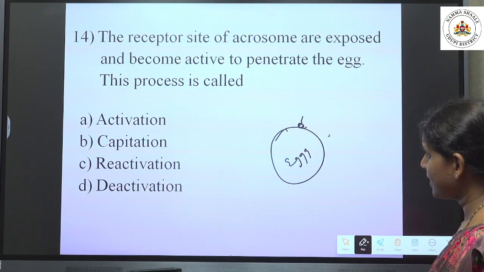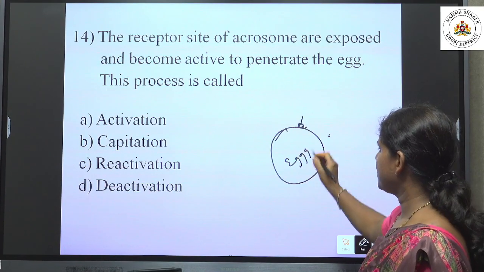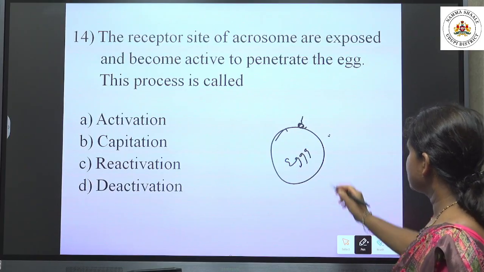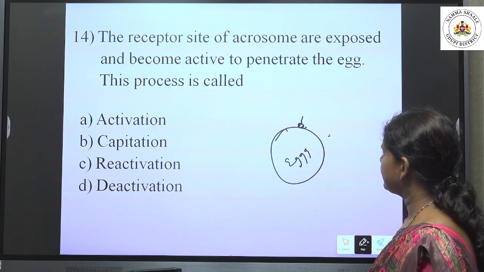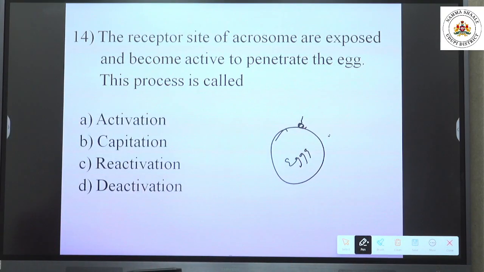Inside the egg, they take part in the fertilization process. So here the options are: one, activation; the second, capacitation; the third, reactivation; and the fourth, deactivation.